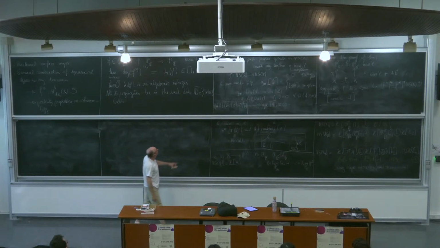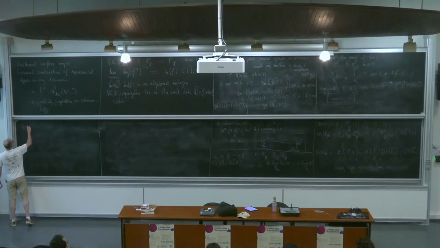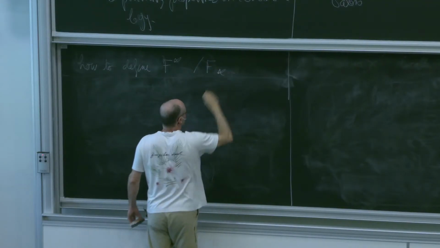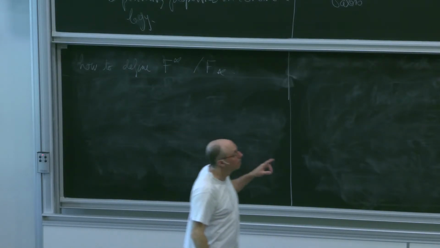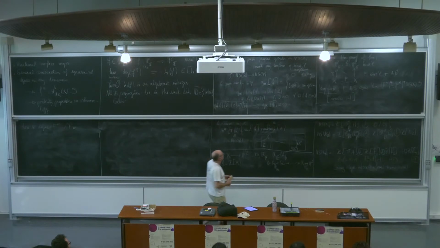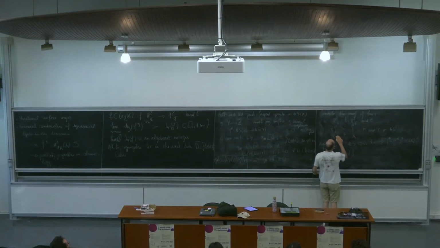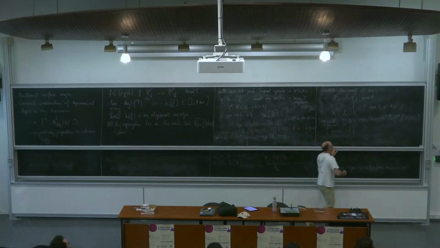I spent a lot of time defining the pushforward and the pullback for a morphism, and here it's a birational map, so it has points of indeterminacy. So how do we define F star and F lower star? We're going to need both. It's really birational.